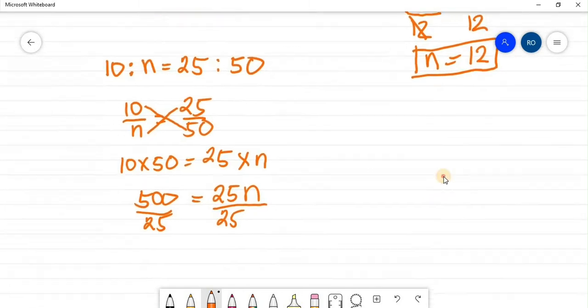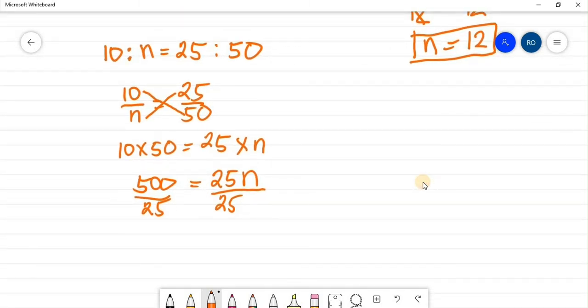Let's cancel the 25 here, so the remaining will be n, and 500 divided by 25 is 20. So the value of n is 20. We have the answer.